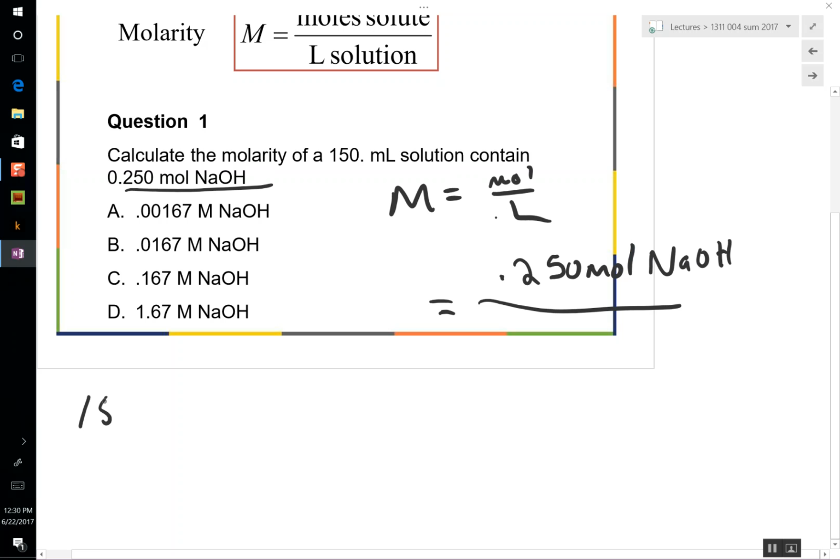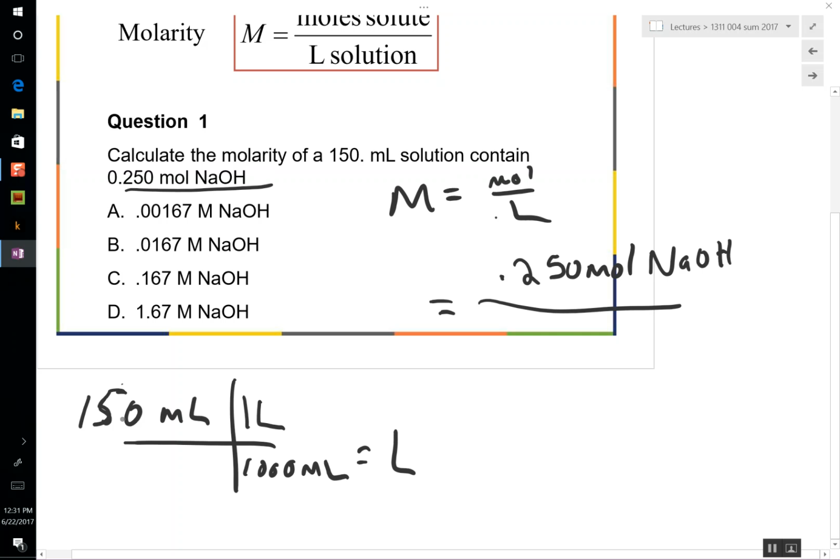So we're going to want to take our 150 milliliters and convert it into liters. If I divide 150 by 1,000, it's going to be the same as moving that decimal place over three places.